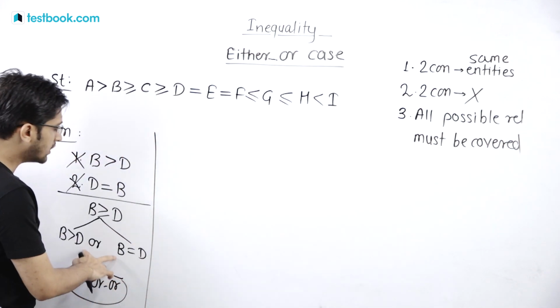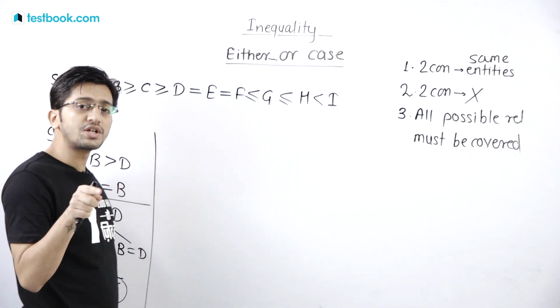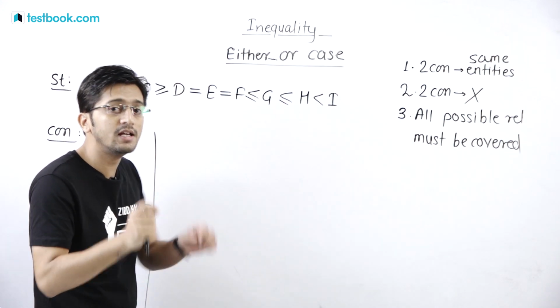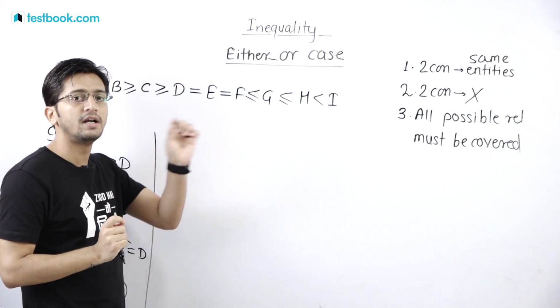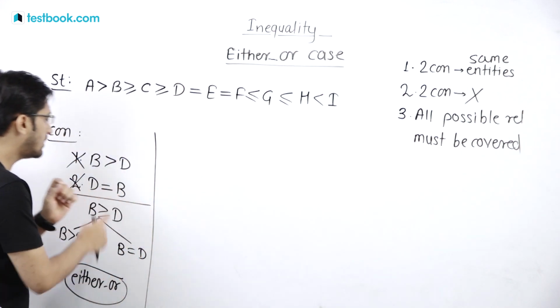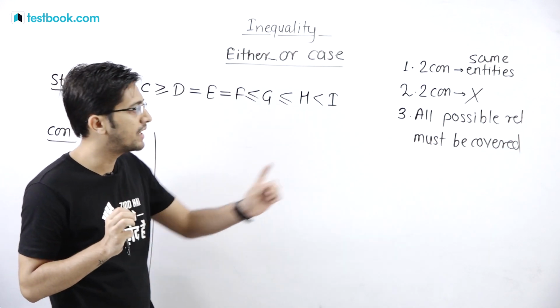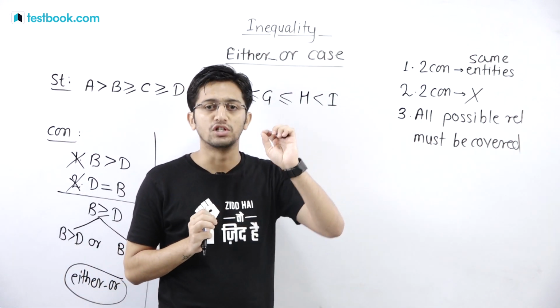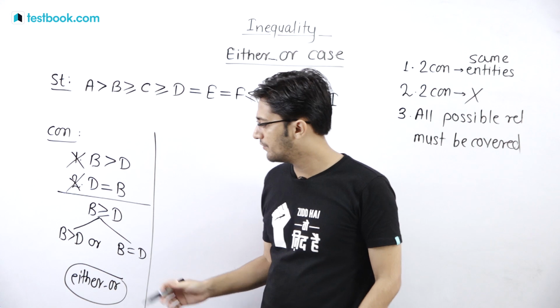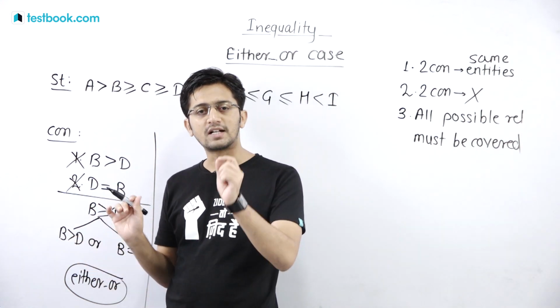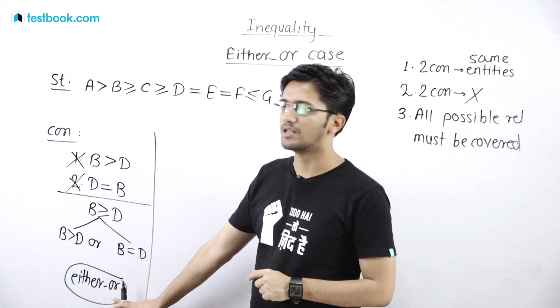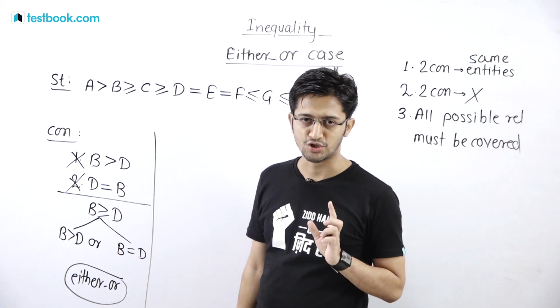All the possible relations that can exist between B and D as per the given statement are covered in the given conclusions, and that's why the third condition is also satisfied. Whenever all the 3 conditions are satisfied, we must answer either or for that question.